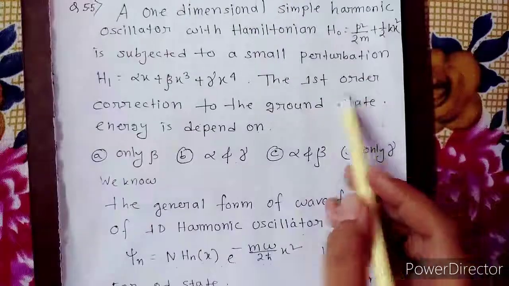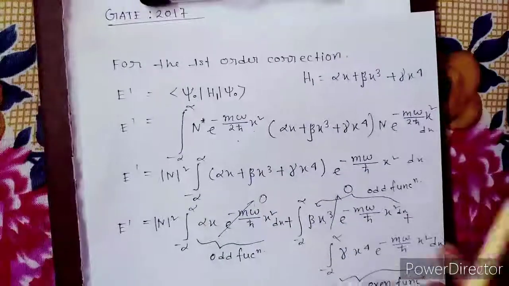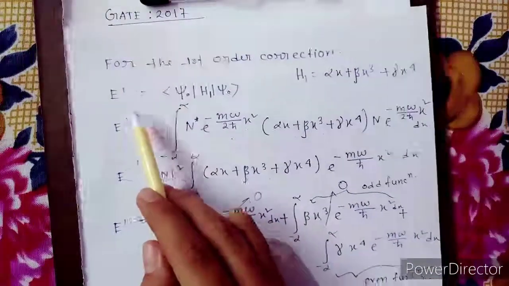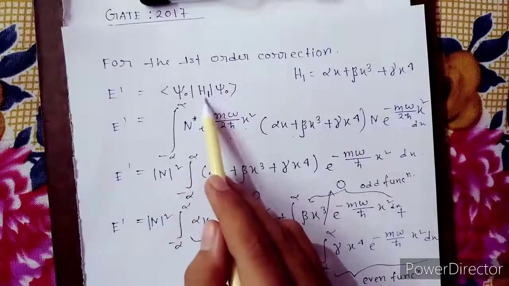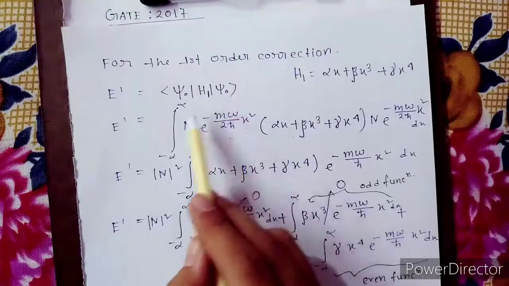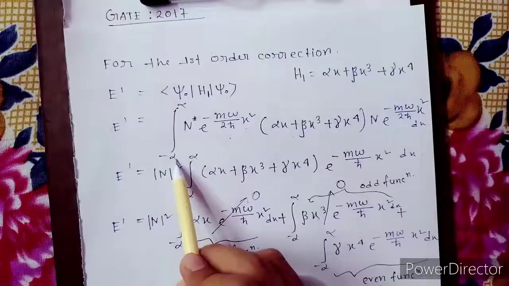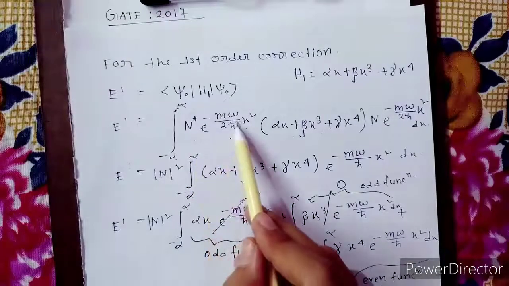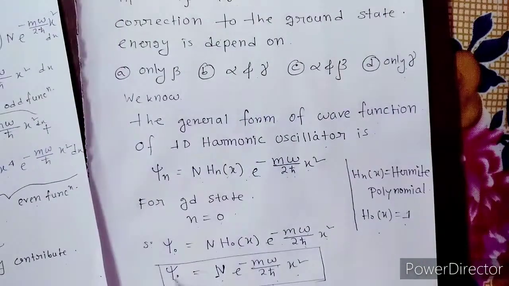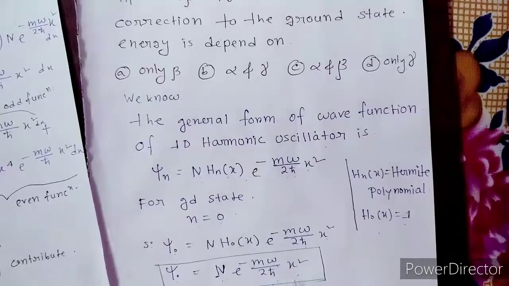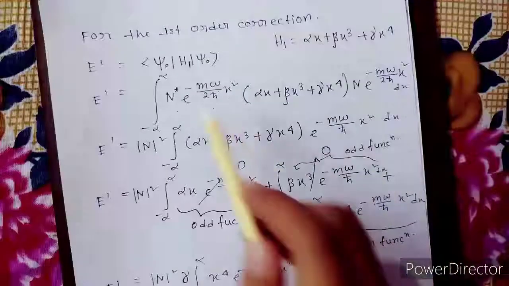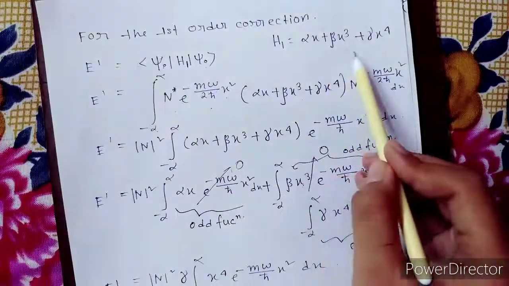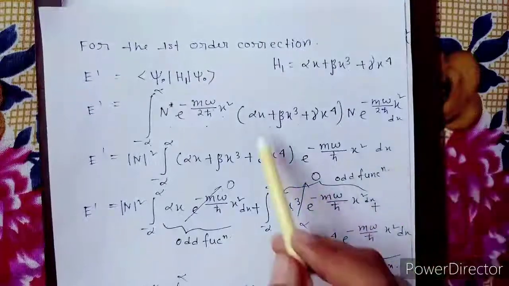Now we have to find the first order correction. For the first order correction, we know E1 = ⟨ψ0|H1|ψ0⟩. So we get E1 = integral from minus infinity to infinity of ψ0* H1 ψ0 dx, where ψ0 = N e^(−mω x²/2ħ), as we got earlier, and H1 = αx + βx³ + γx⁴.